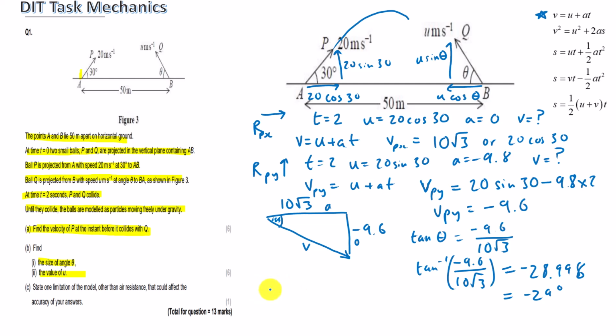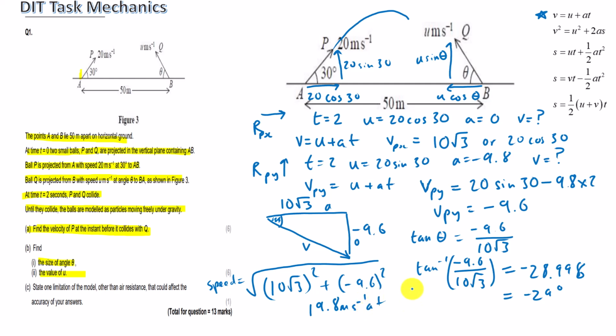Use our Pythagoras, so 10 root 3 all squared plus our minus 9.6 all squared, square root this for V, or our speed at this point, which gives us the answer of 19.8 meters per second, at 29 degrees to the horizontal.